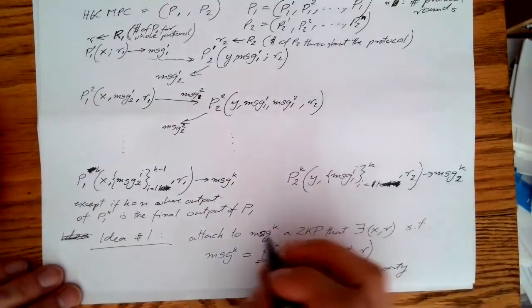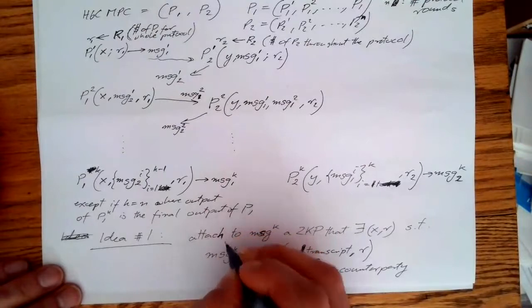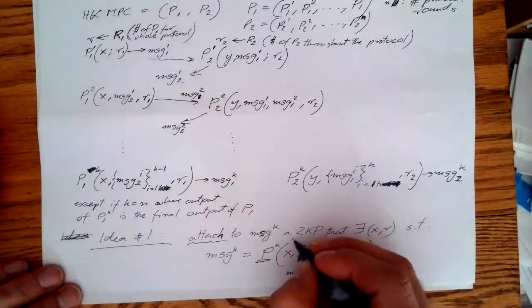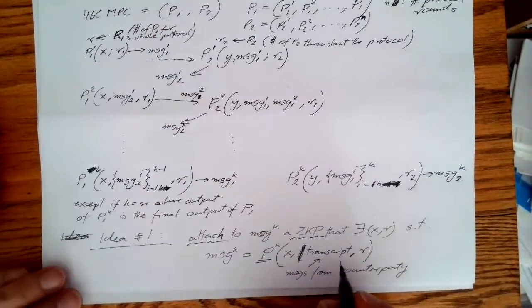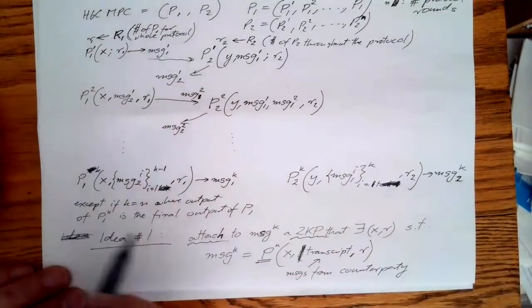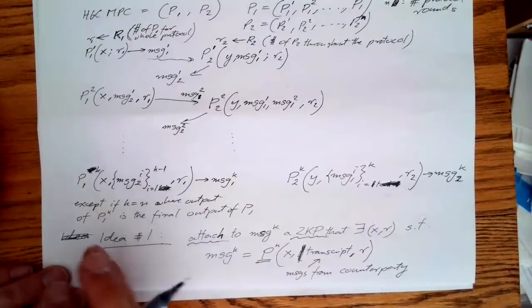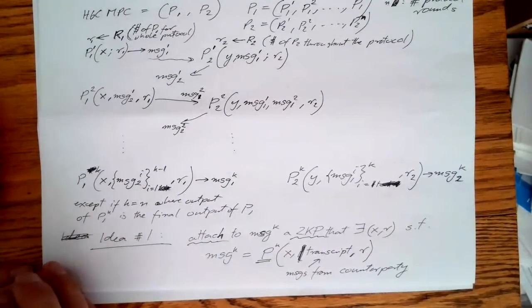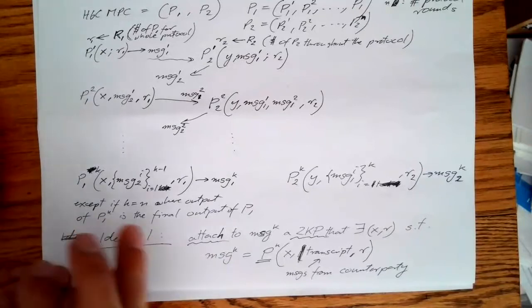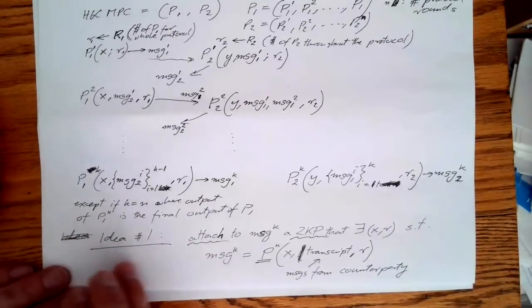Okay, what does it mean exactly to attach a zero knowledge proof? Well, we have seen two things in zero knowledge. First, that you can have zero knowledge proofs, but they are interactive.